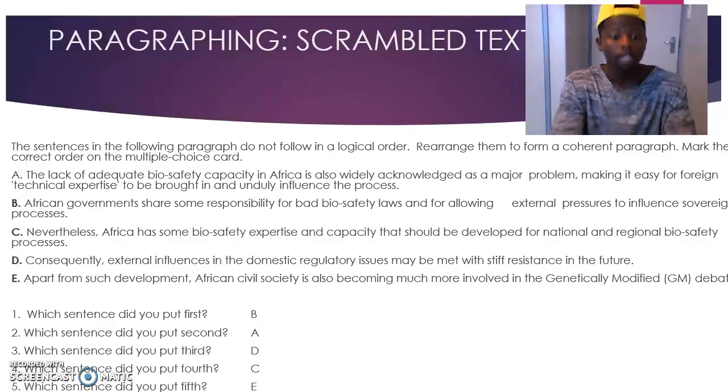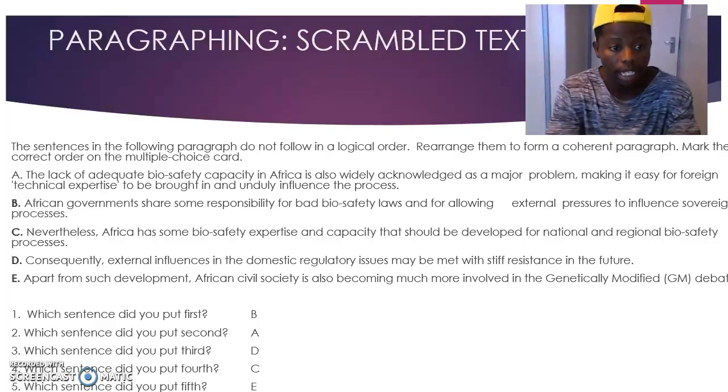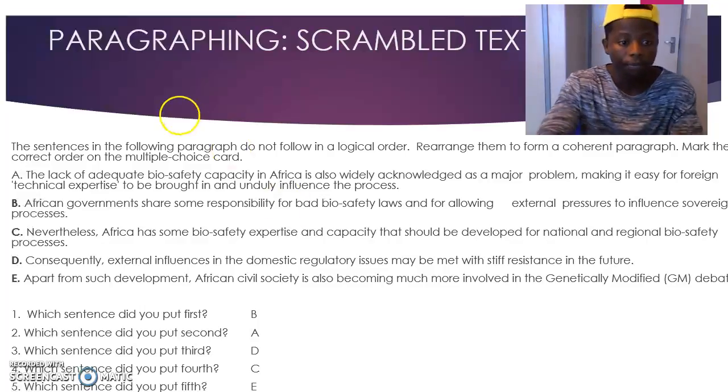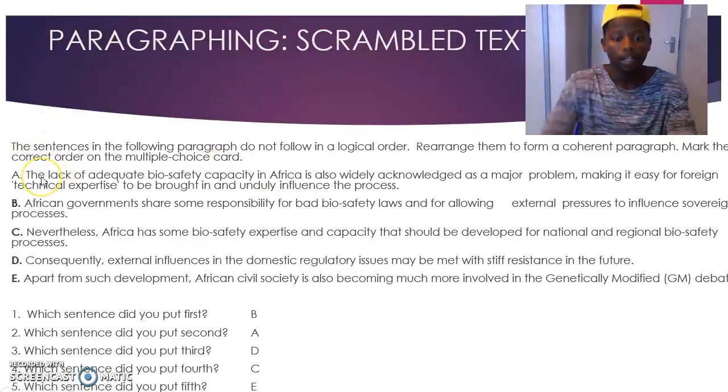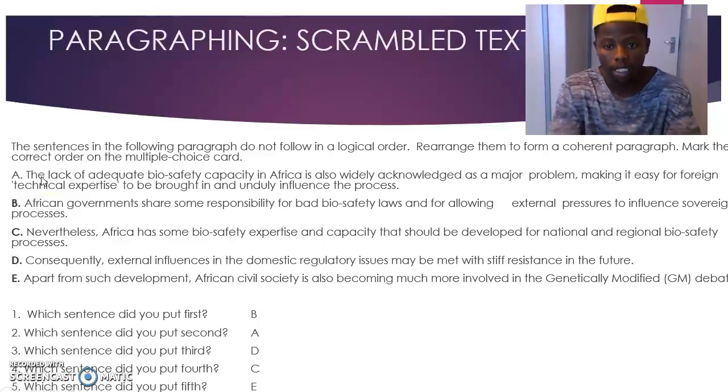Number A, which is the second one, says the lack of adequate biosafety capacity in Africa is also widely acknowledged as a major problem, making it easy for foreign technical expertise to be brought in and unduly influence the process.